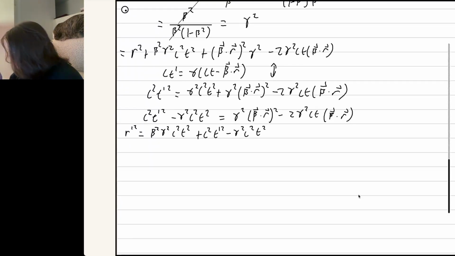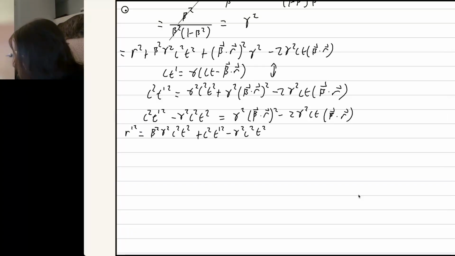Fantastic. Let's move the t prime squared over to the other side first. So r prime squared minus c squared t prime squared is equal to r squared plus, factoring out a gamma squared, (beta squared minus 1) c squared t squared.